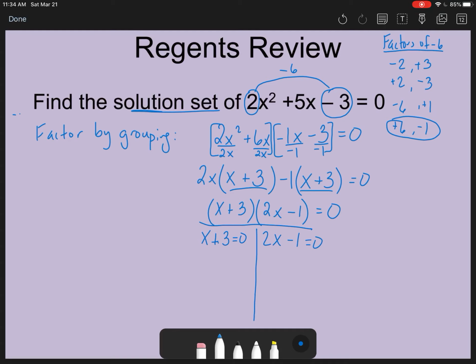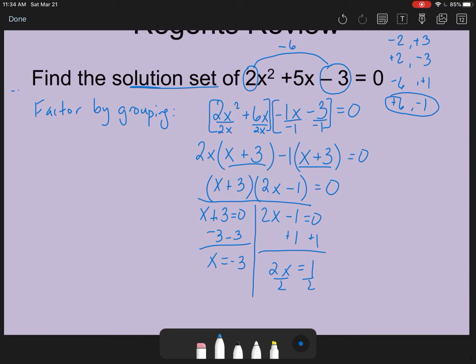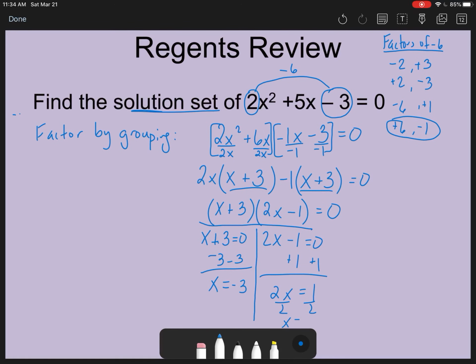Take 2x minus 1 and set it equal to 0. Subtract 3 from both sides. Over here we get x equals negative 3. And over here we get x equals 1/2. Remember, you can always check that using GeoGebra as well.